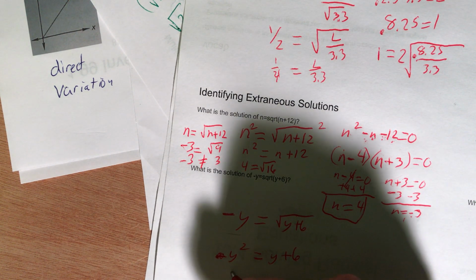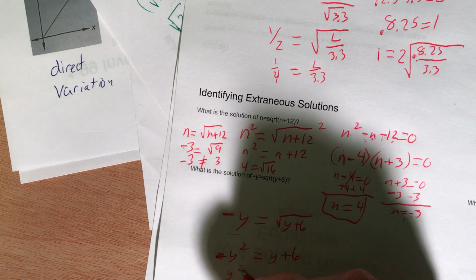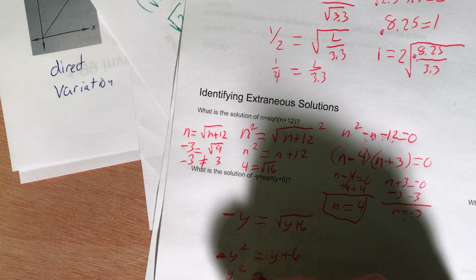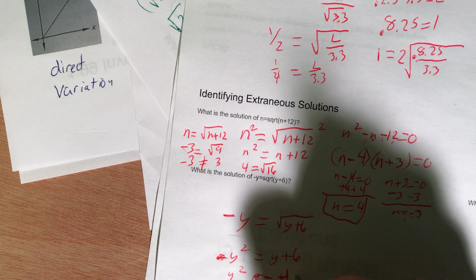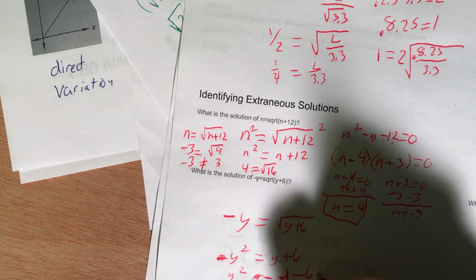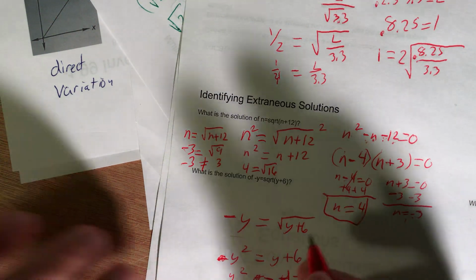I'll figure out where I went wrong here in a second. So that'd be y squared minus y minus 6 equals 0. Okay, you're going to factor this again.